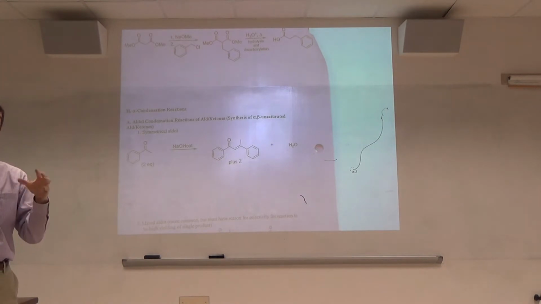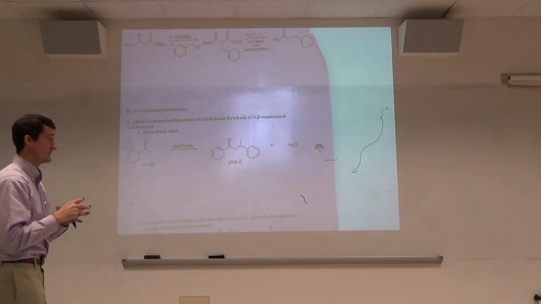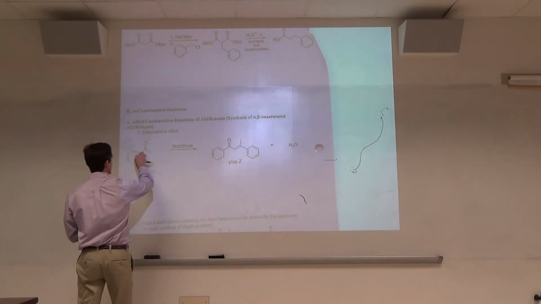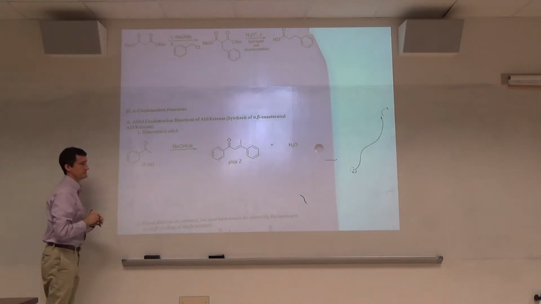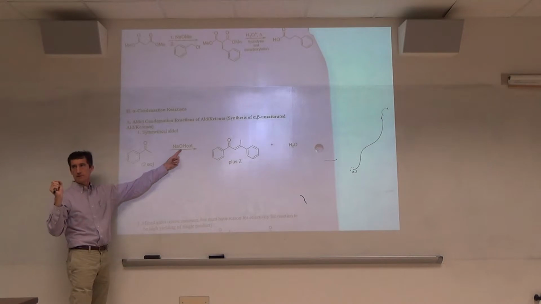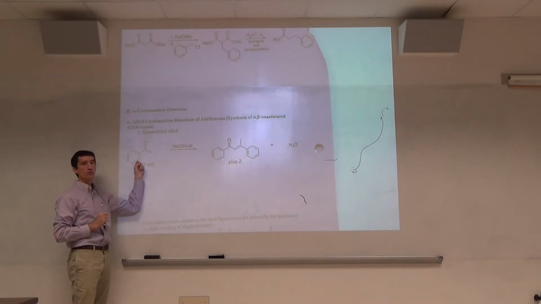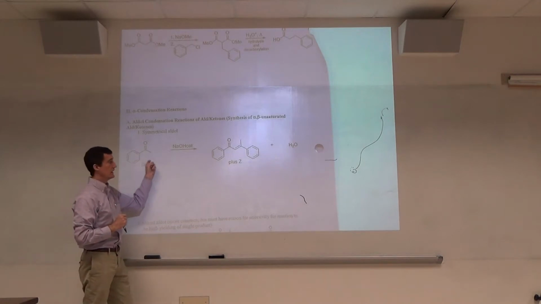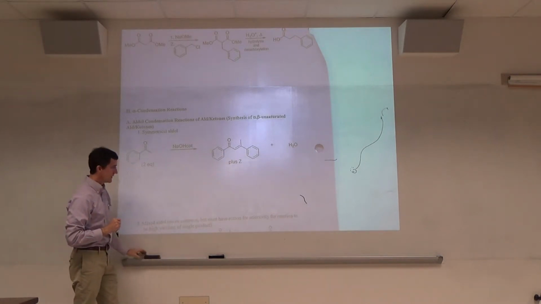Some people call that a homoaldol. First example is a symmetrical aldol. You take acetophenone and treat it with just a little bit of hydroxide catalyst. Acetophenone will react with itself, and you'll get this here, plus water.